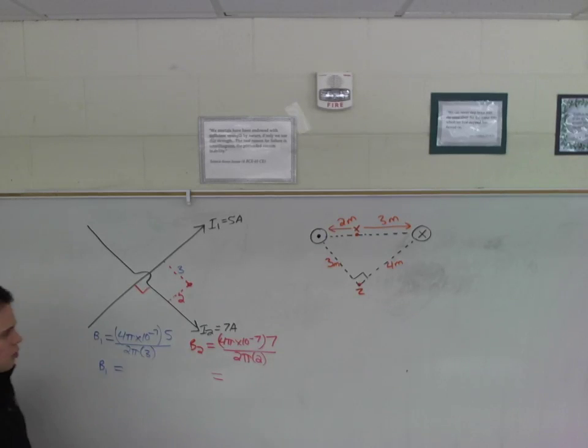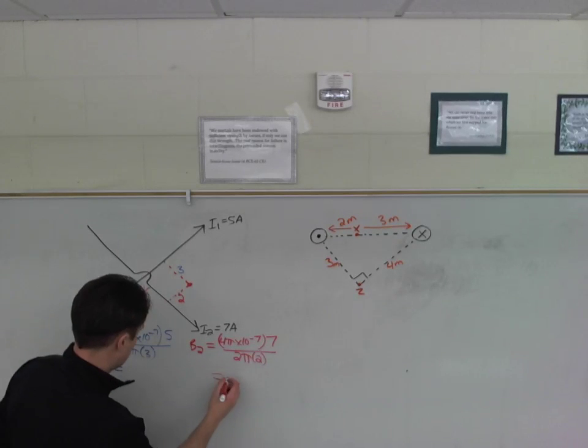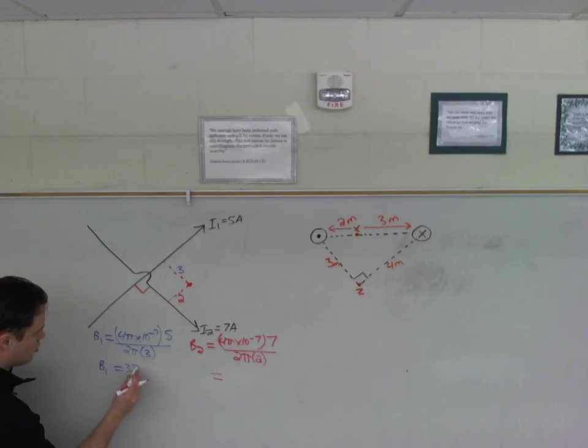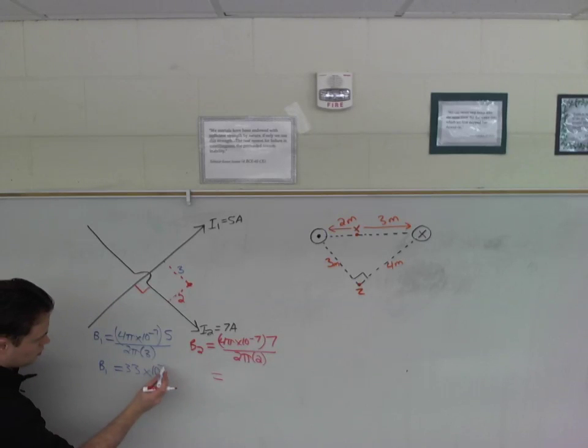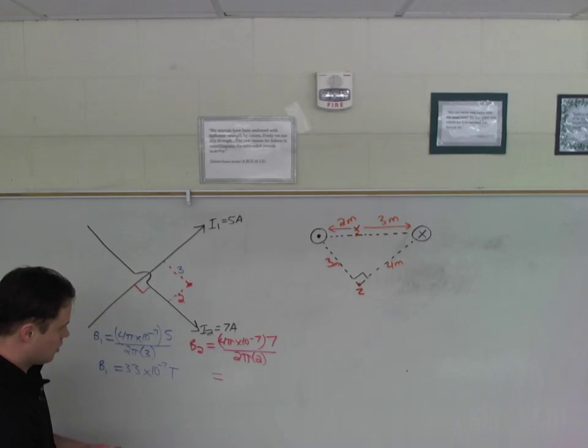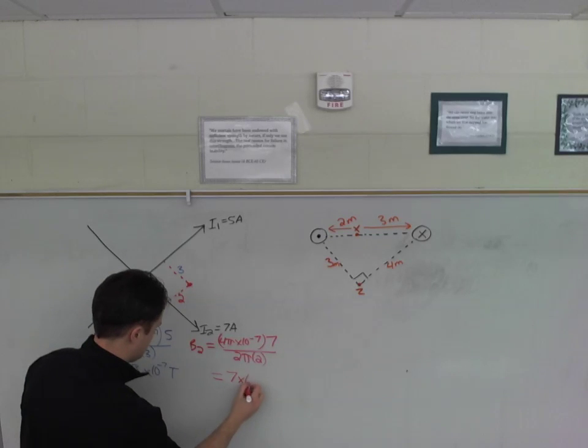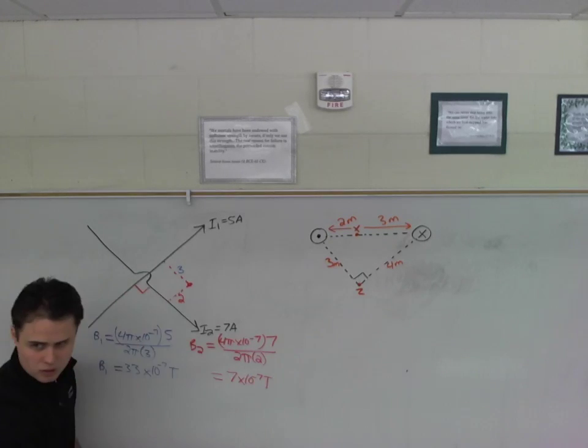There we go. 3.3 for the first one, times 10 to the negative 7th. The second one is 7 Tesla, times 10 to the negative 7th, right?